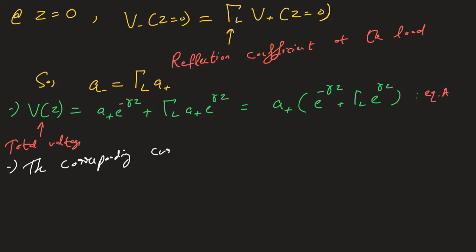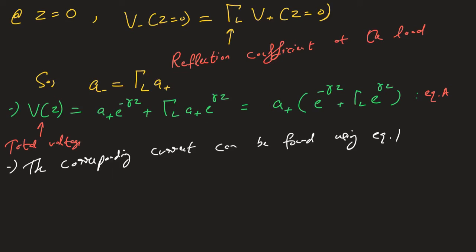The corresponding current can be found using equation 1. So we have the voltage now, which is a superposition of a right and left traveling wave, and we want the current.